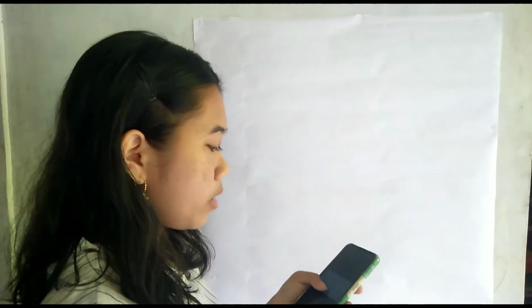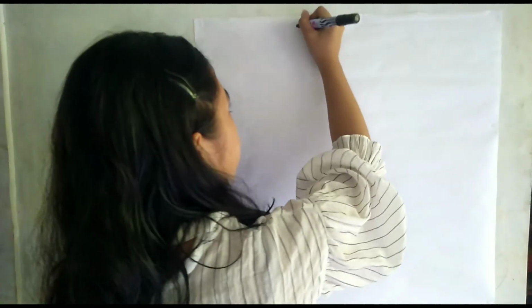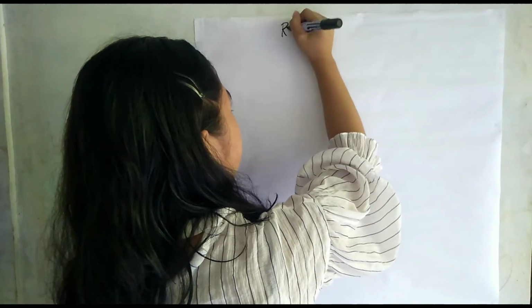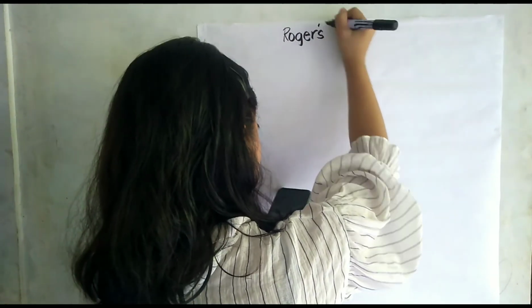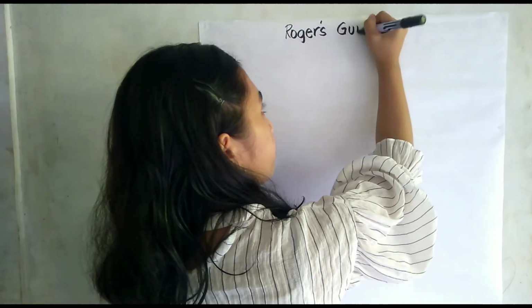So now this is the process on how to prepare a statement of financial position. First, let's start with the heading. The heading is the name of the company. The name of the company is Roger's Guitar Shop.